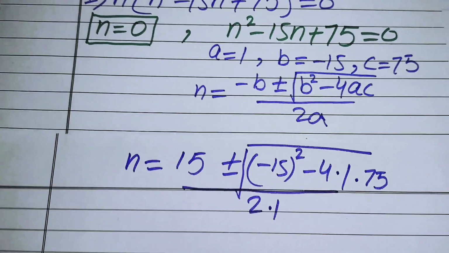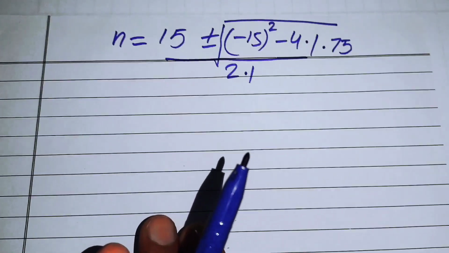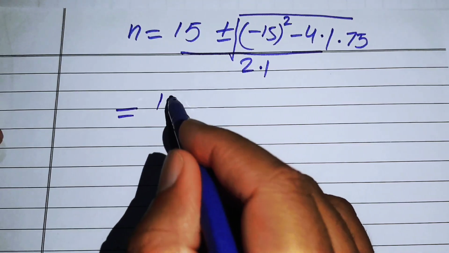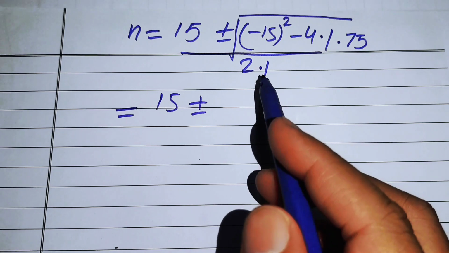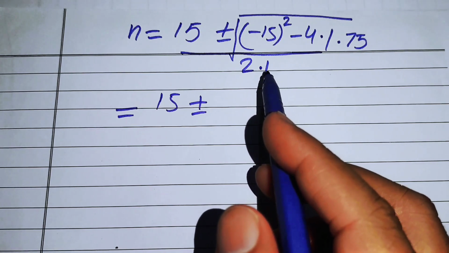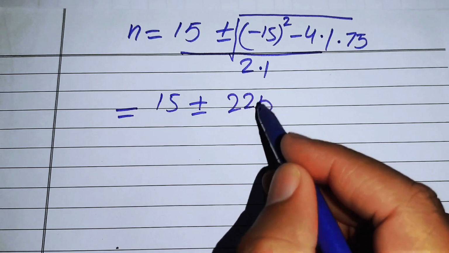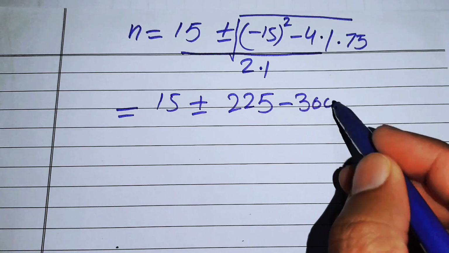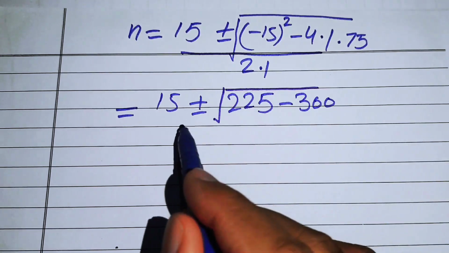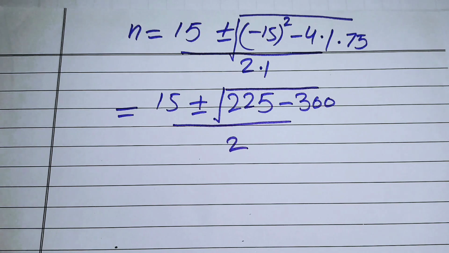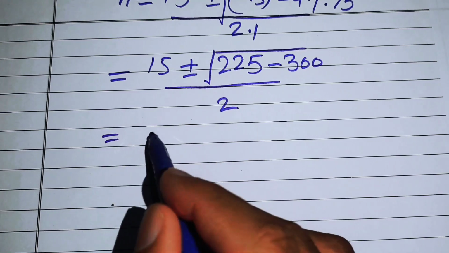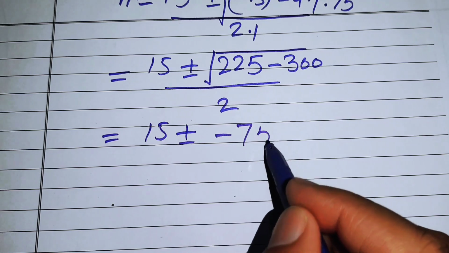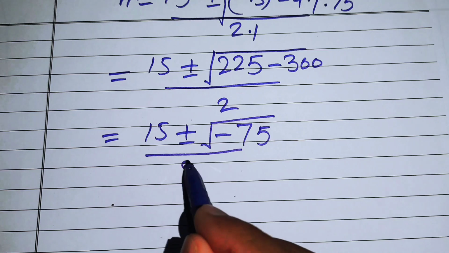And now we will make a little bit of simplifications here, and you will get the other roots from here, and you have 15 plus minus the square root of minus 15 squared equals to 225, and we have 4 times 75 equals to 300, and its whole square root over 2. And now we will take a little bit of simplifications here, and you get 15 plus minus square root of minus 75 over 2.